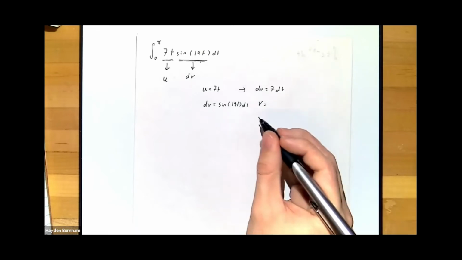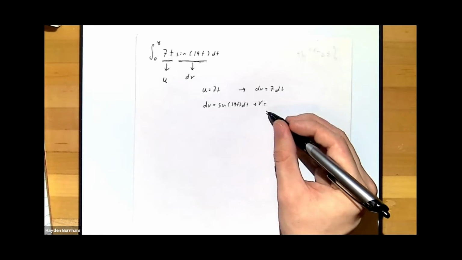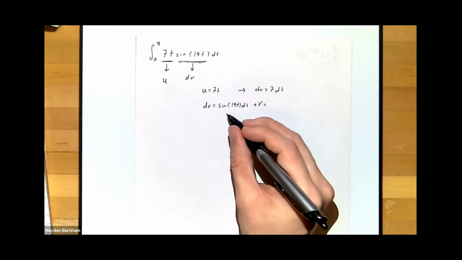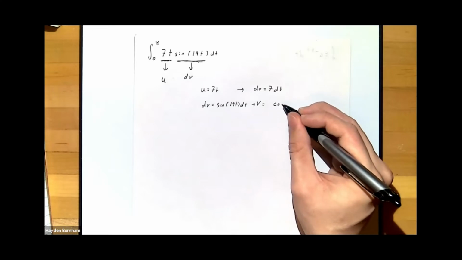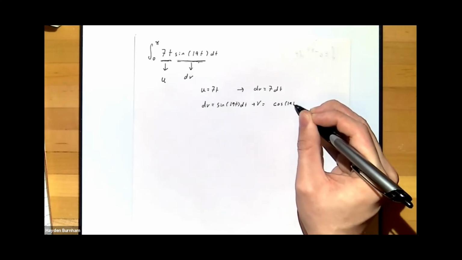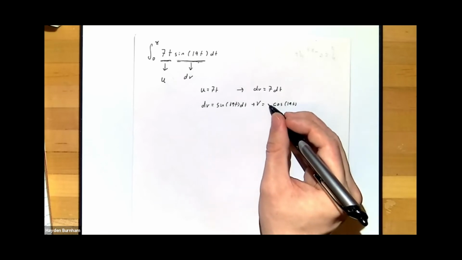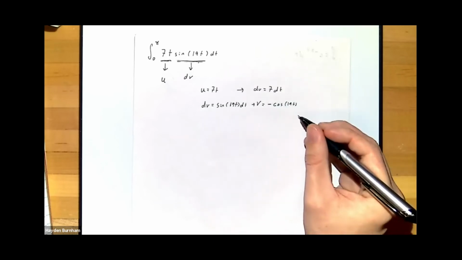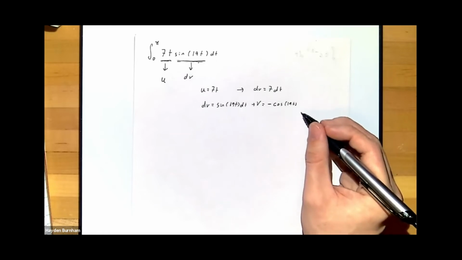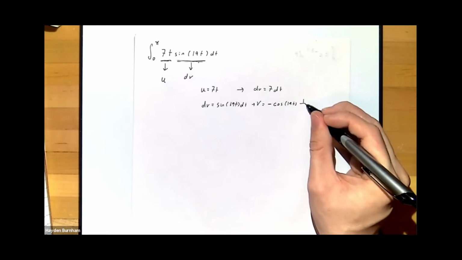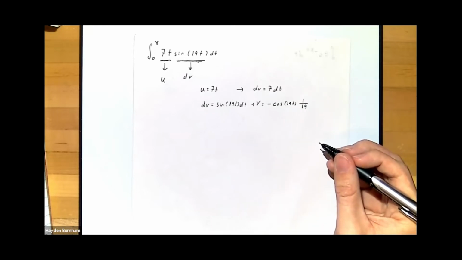Then this one I integrate, and I get that v is going to equal the cosine of 19t. But when you go from sine to cosine, you should have a negative. And also the 19 would have been multiplied out, so there must have been a 1 over 19 beforehand.